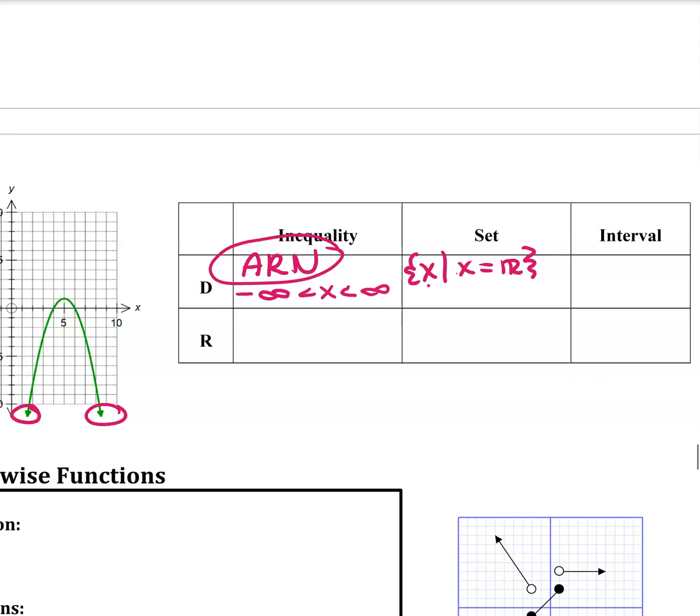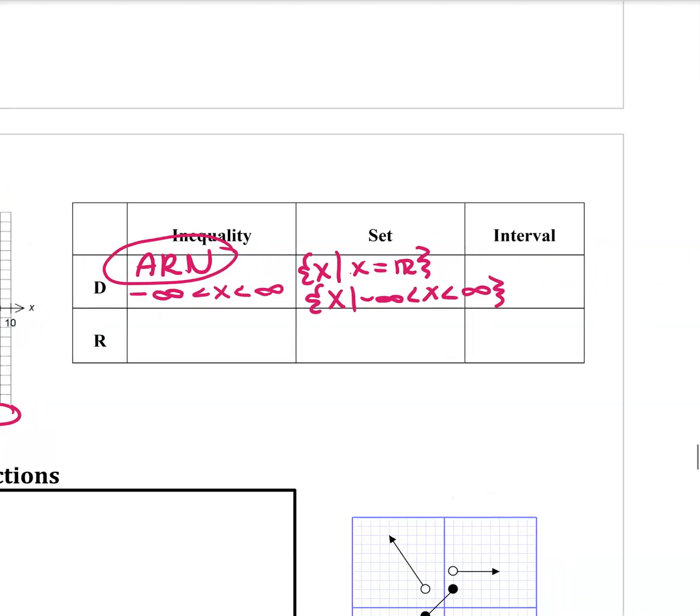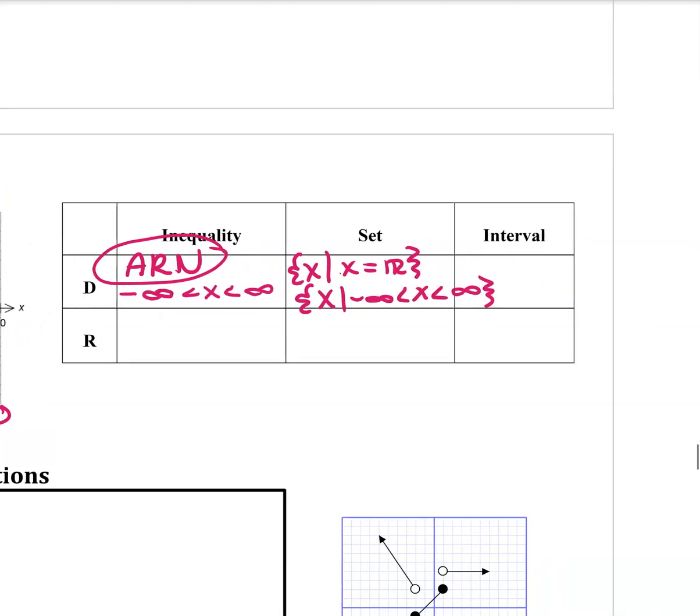But you can also put that inequality in there that I just put, right? Negative infinity, less than x, less than infinity. So just check with your teacher, see what they like. And then the interval is straightforward, negative infinity to infinity. There's not really another way to do that interval, so that part is good.